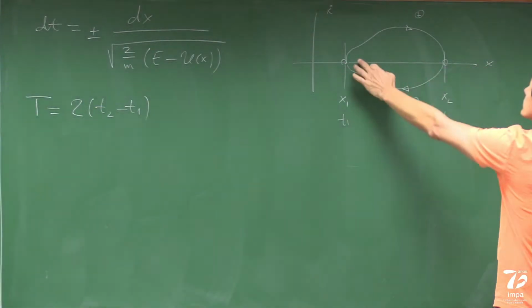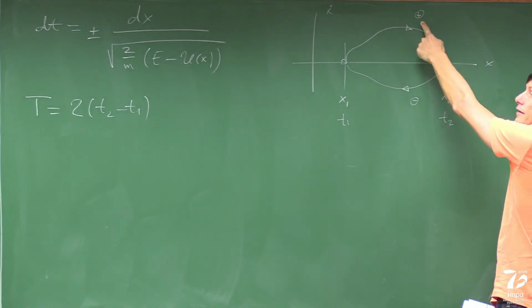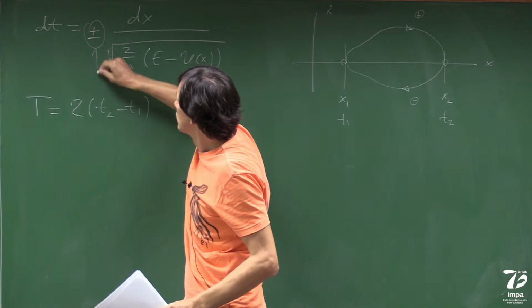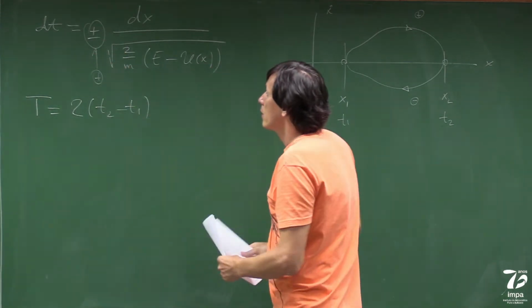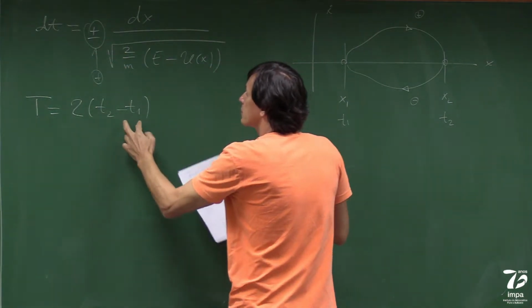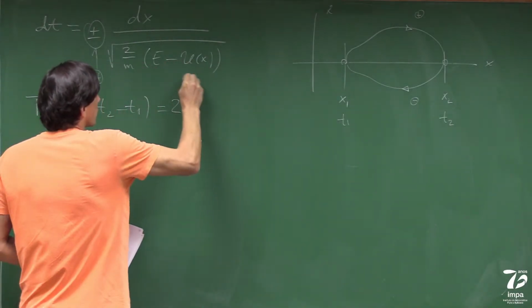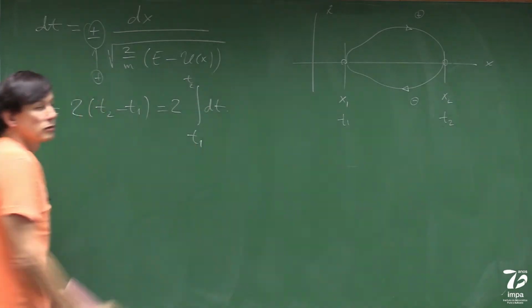Okay, now we consider the upper part, so we can stick to the plus sign. So here we can take just plus. And this difference is twice the integral between first point and the last point of dt.